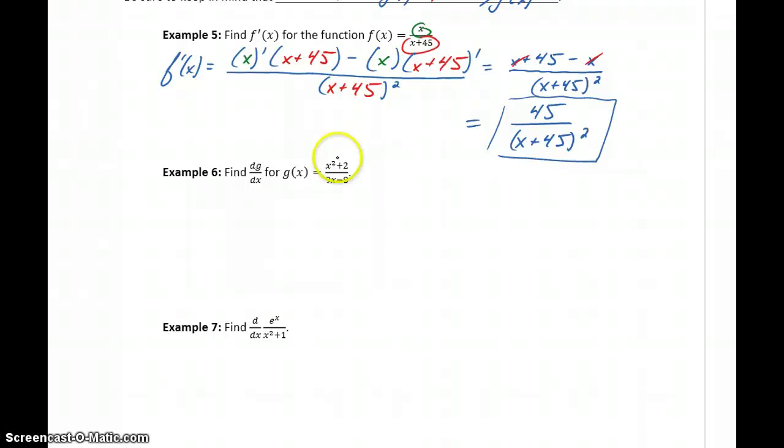In example 6, we have the numerator as x squared plus 2, the denominator as 9x minus 8.